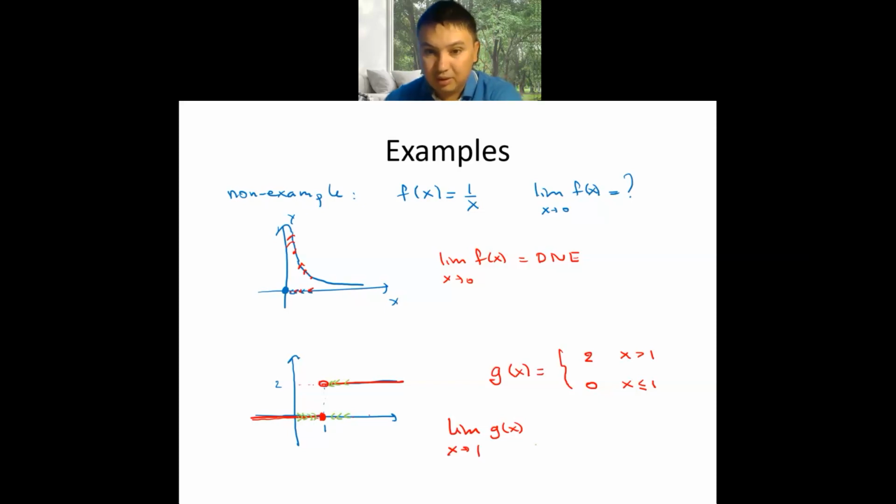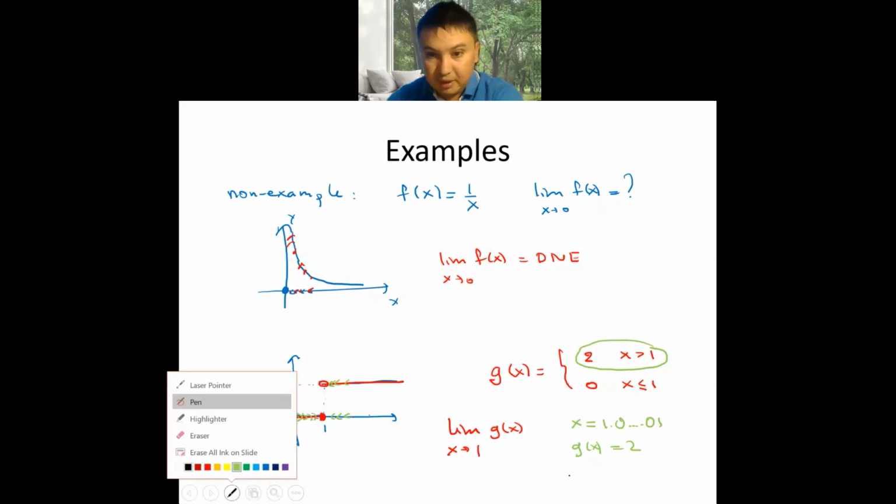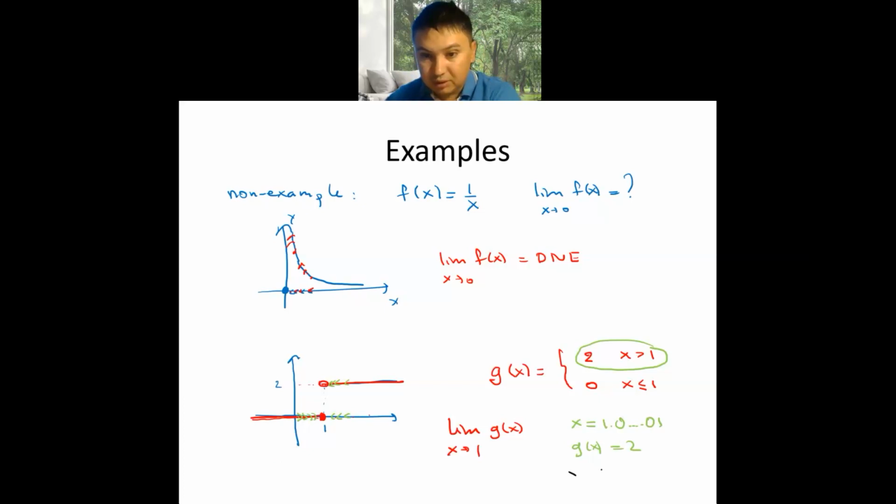So for example, if I let x very close to 1 but slightly bigger, what is my g of x? I'm in this situation, right? It's still bigger, so this is 2. I'm approaching 2. But if I let x equal to like 0.99999, so it's very close to 1 but slightly less, then I'm in this situation, right?